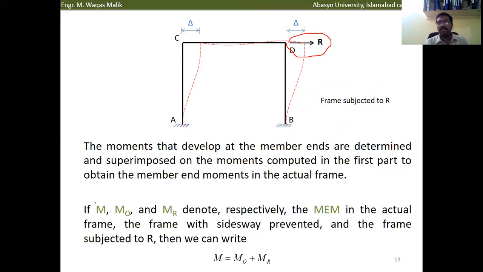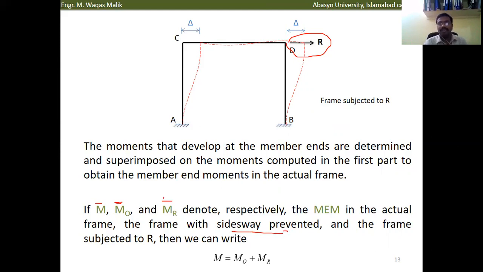First, let's call them M, M naught, and MR, where M is the actual moment that is generated in the side sway frame, and M naught is the frame member moment that is generated when the side sway is prevented in the structure, or when we apply the imaginary roller support in the frame.